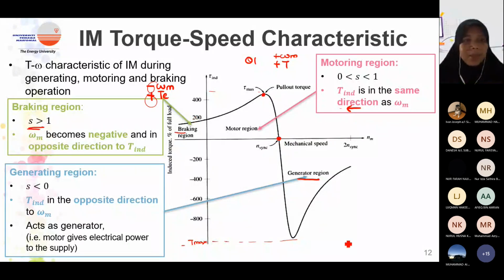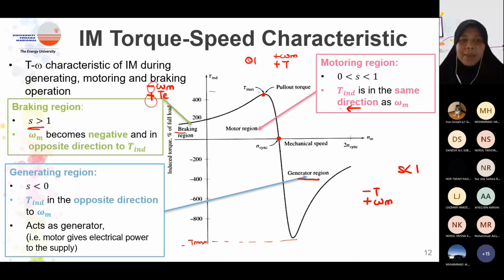In generating region pula, we have S less than 1 and the torque is in opposite direction to omega. So the torque this time is negative, but omega now is positive. Okay. And this region, the motor act as generator and it will supply back the supply to the electric system.